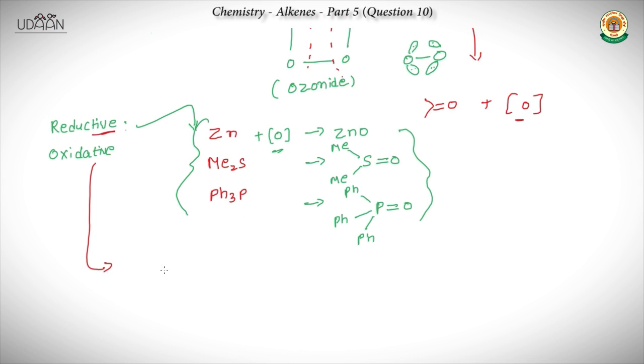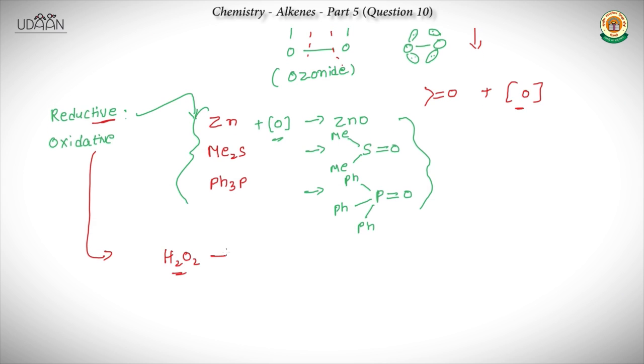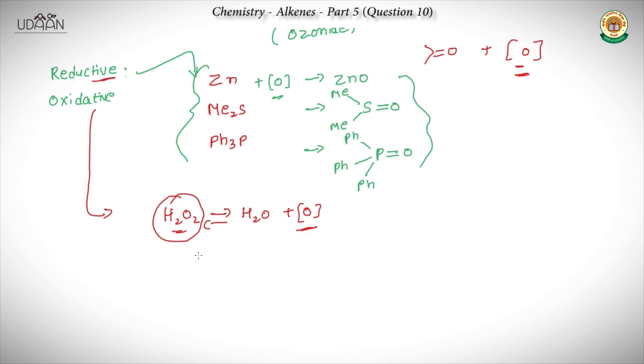we use H2O2, which is an oxidizing agent. Now it too gives H2O plus nascent oxygen. So this will give nascent oxygen, and we also have nascent oxygen. So this nascent oxygen will act upon the hydrogens of C double bond C, and they get converted to COH.